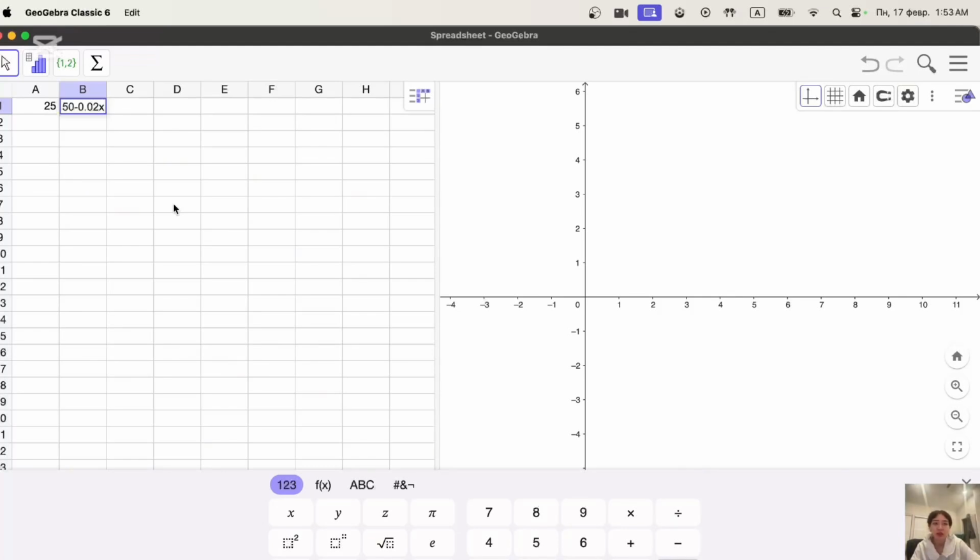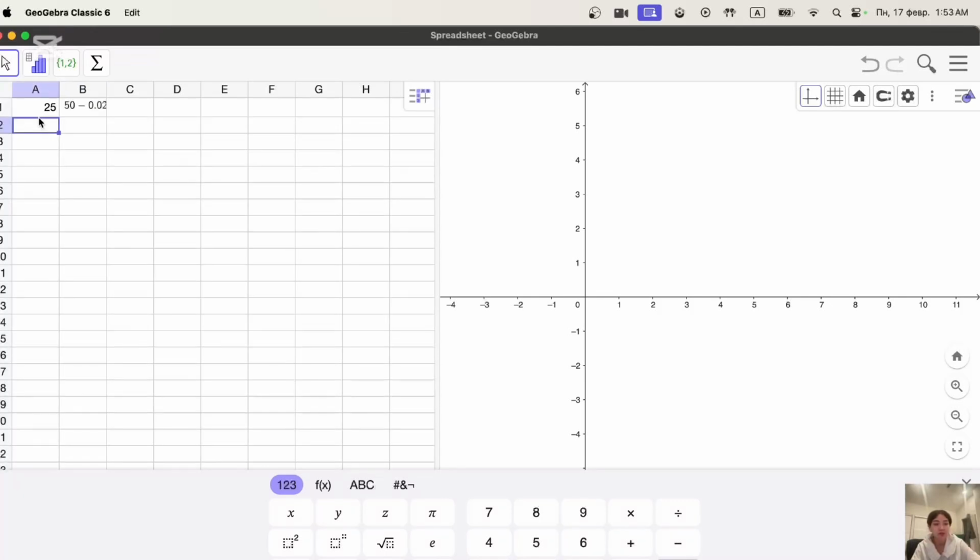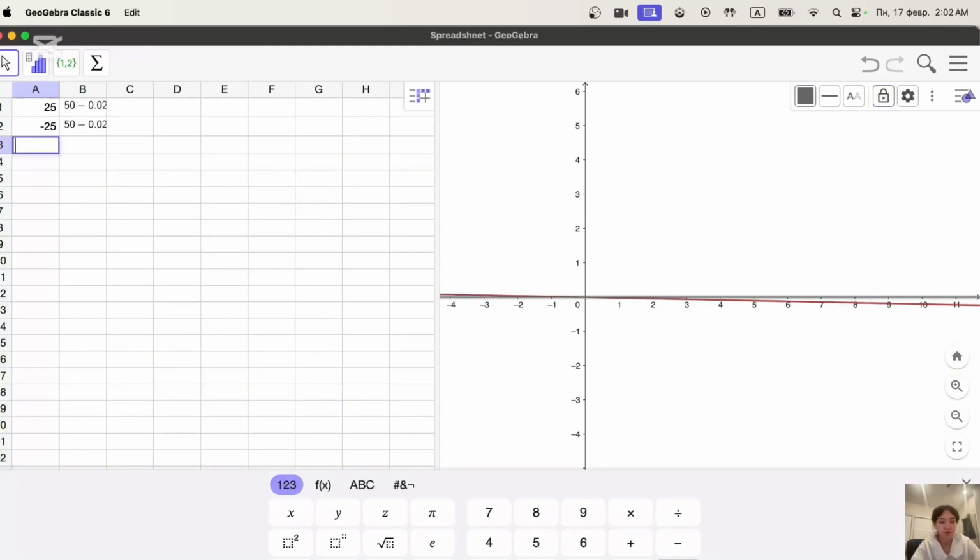So now we will step by step simplify the equation in CAS by performing operations on both sides. We will subtract 50 from both sides. A1 minus 50, and the other side also A2 to the right.